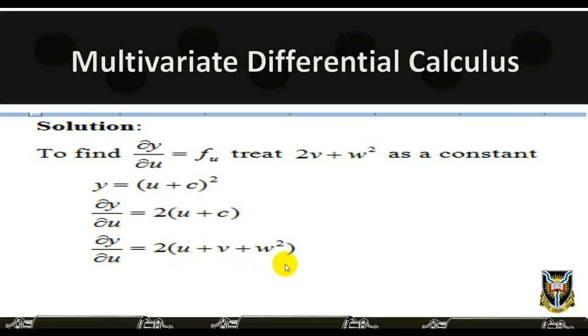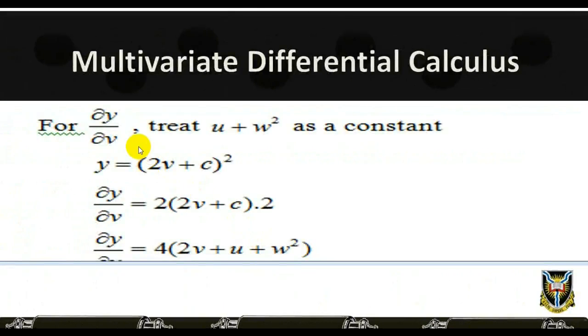For dy by dv, treat u plus w squared as a constant. Y equals (2v plus c) to power 2. dy by dv equals 2(2v plus c) times 2. dy by dv equals 4(2v plus u plus w squared).